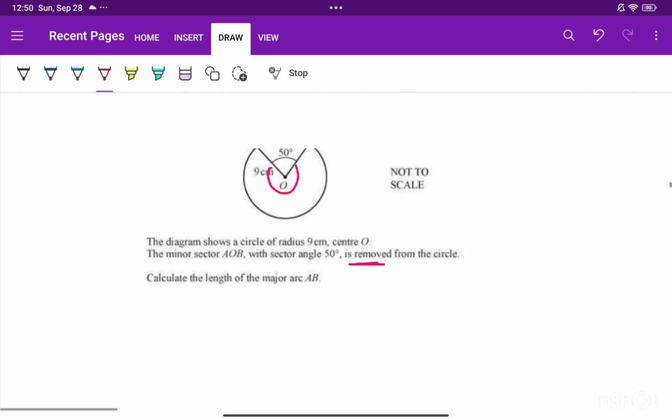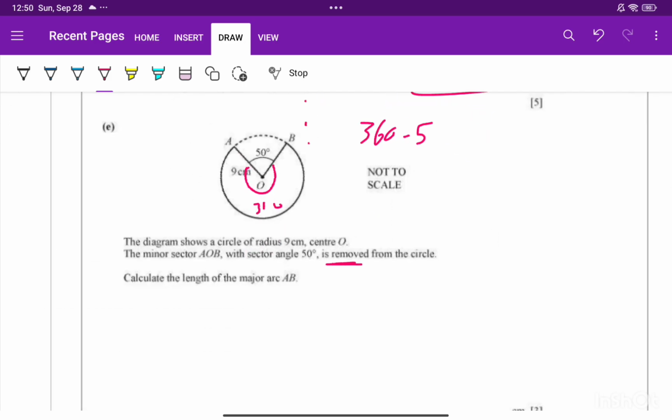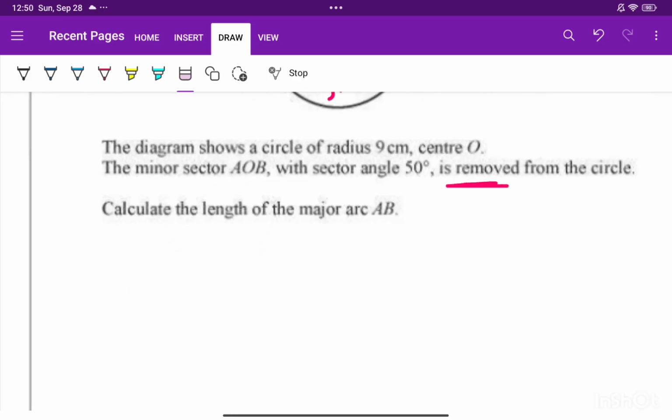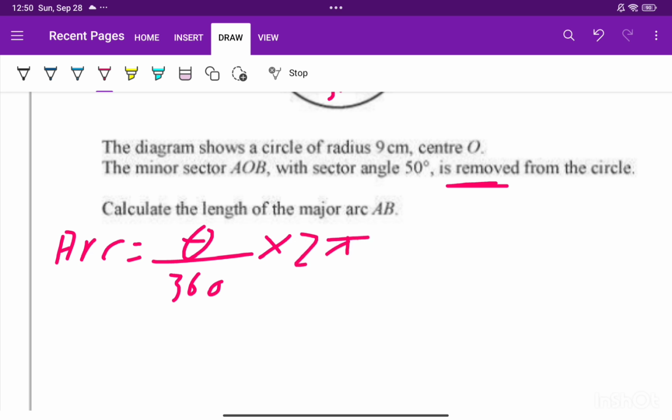Okay, so the arc formula is angle upon 360 multiplied by 2 pi r.